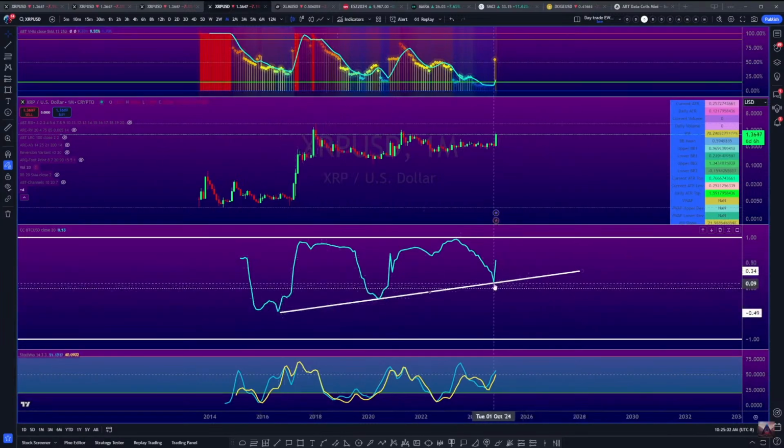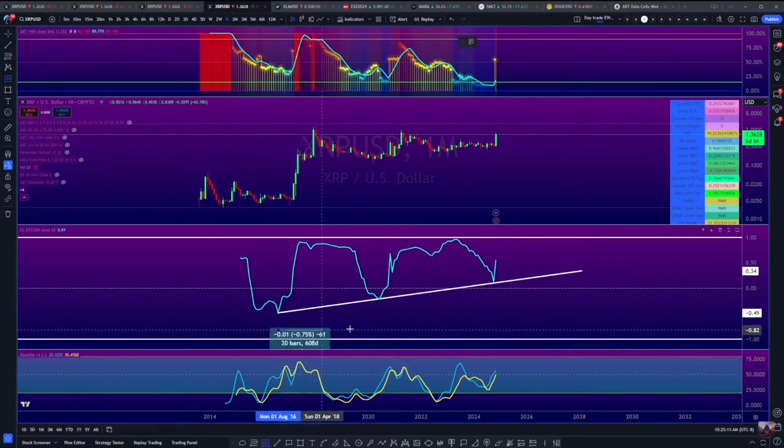And it just so happens that we're taking off at the rejection of the trend line regression right here. Perfectly in time. Which just so happens to be the space of the fractals.